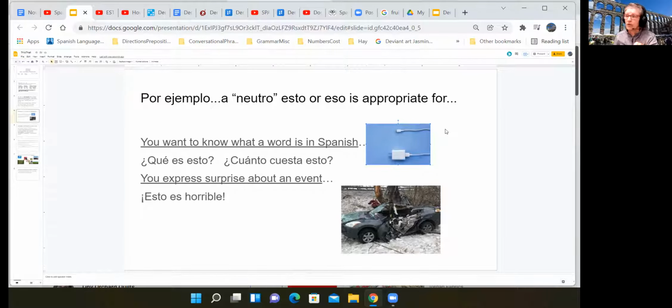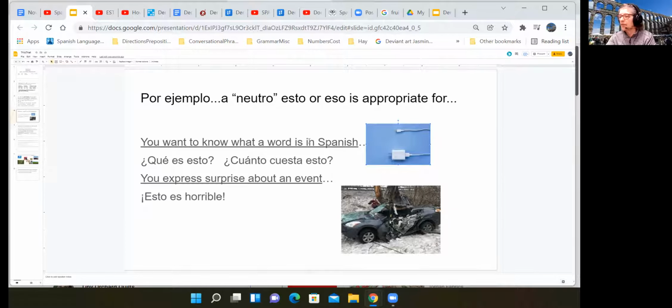You've got to go in a store, right? ¿Qué es esto? What is this? It's okay to use, right? Or how much does it cost? ¿Cuánto cuesta esto? How much does this cost? Perfectly okay. It's an NBD, a not big deal. No big deal. Somebody will know.